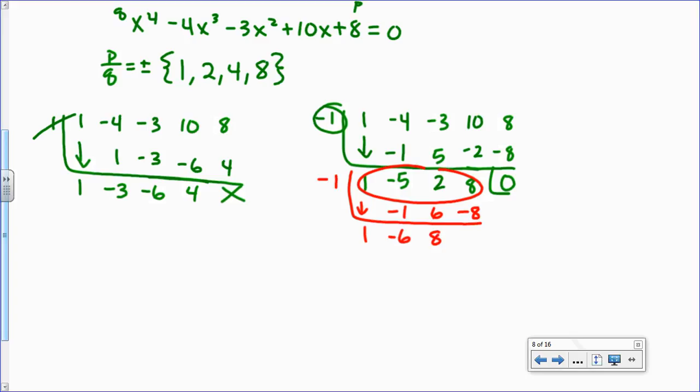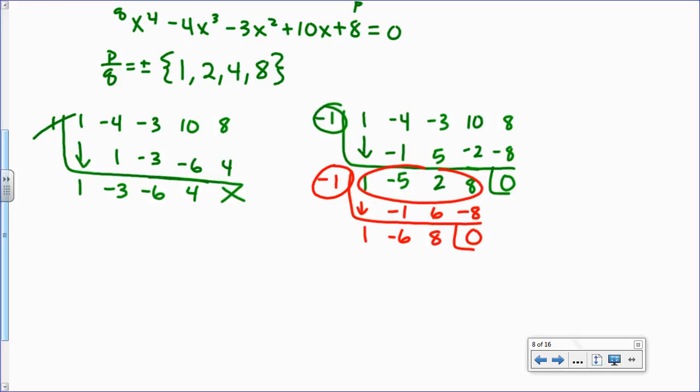Does -1 work again? Yes, it does. Okay, so -1 at least has multiplicity of 2. It could have multiplicity of more.